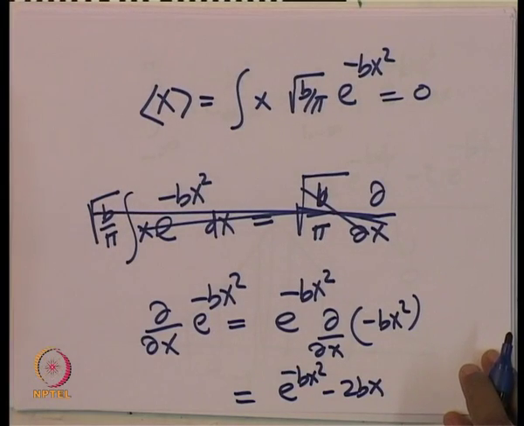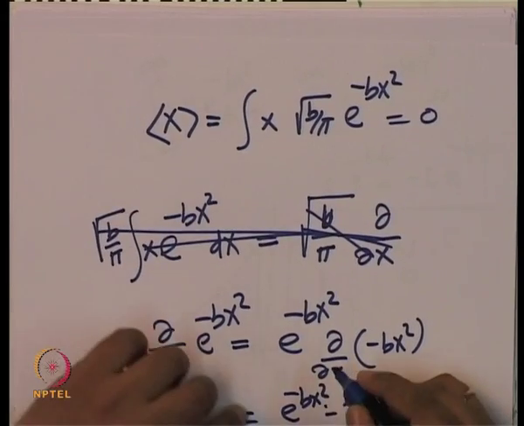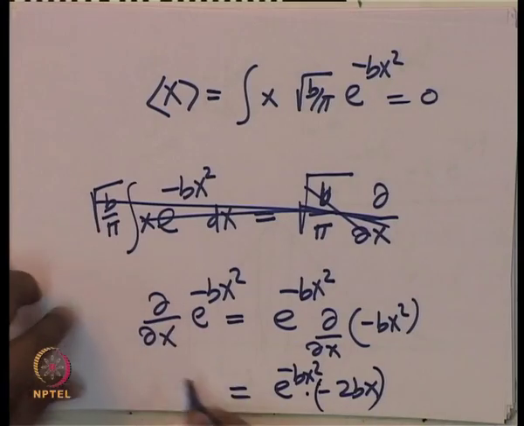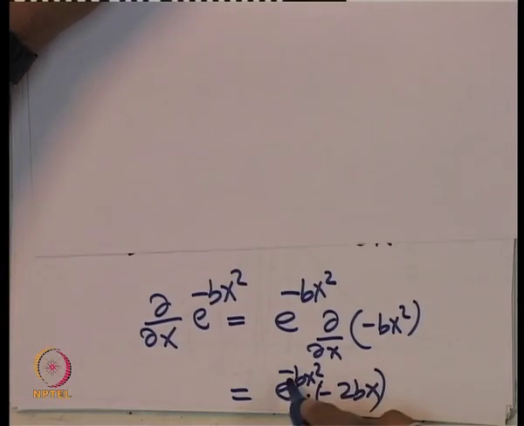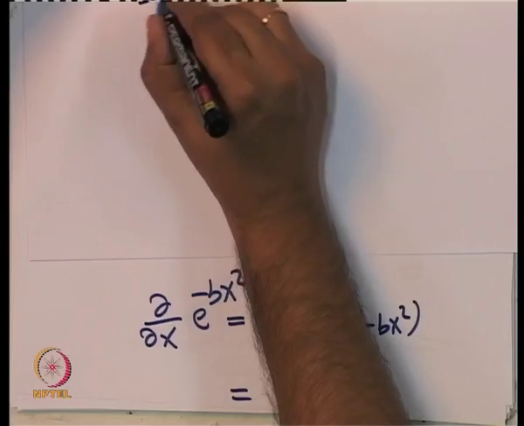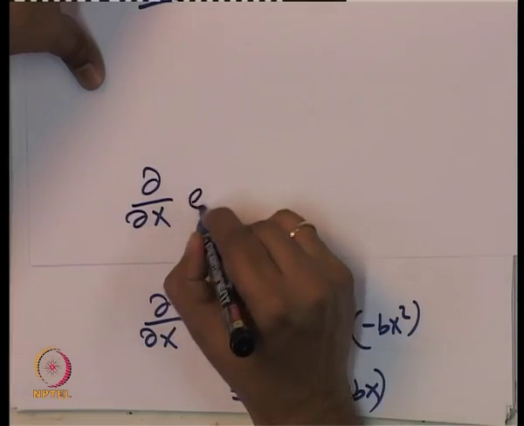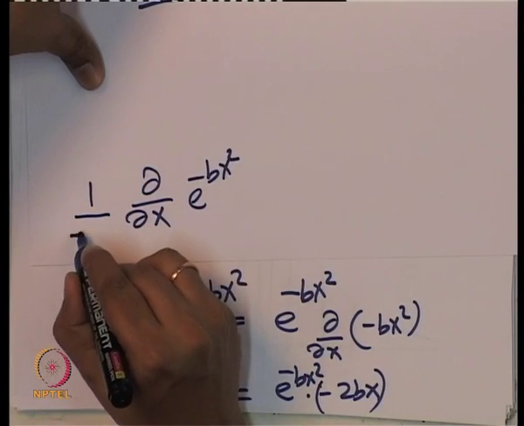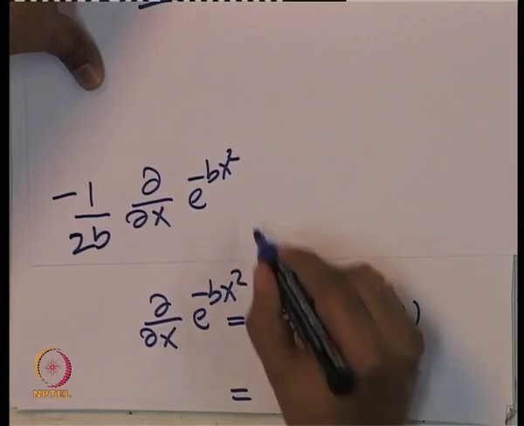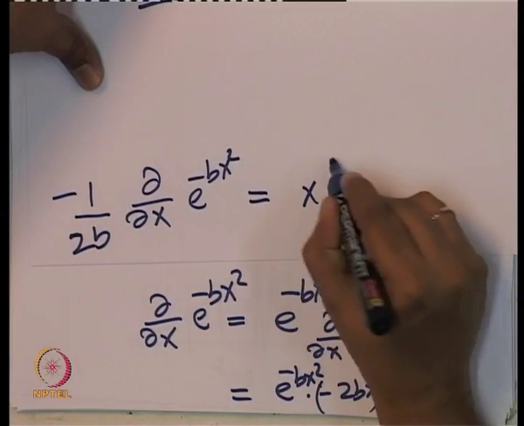Just from this we can see that del by del x of e power minus b x square, divided by minus 2 b, is equal to x e power minus b x square.